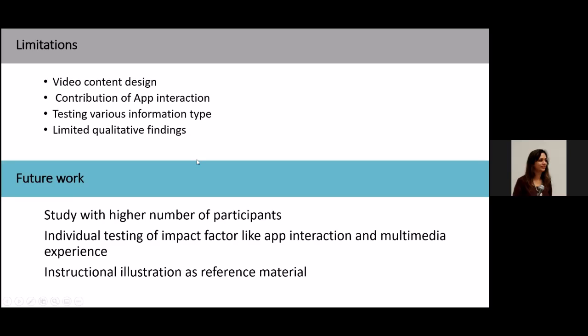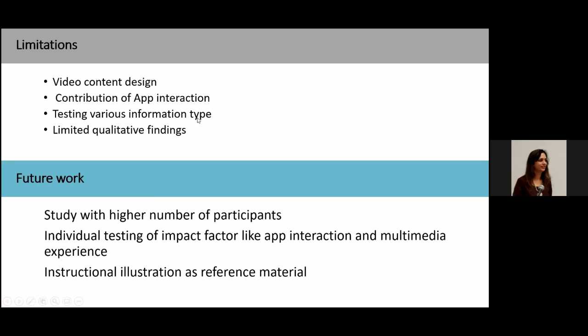I also didn't calculate anything about the contribution of the app as an interaction. Interacting with an app and interacting with a video are two completely different things. I understood that, but I didn't take that as a research point. So that can also be done.